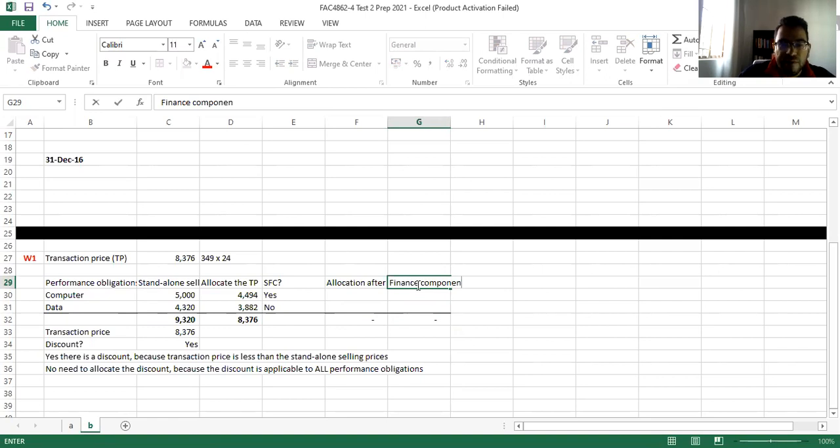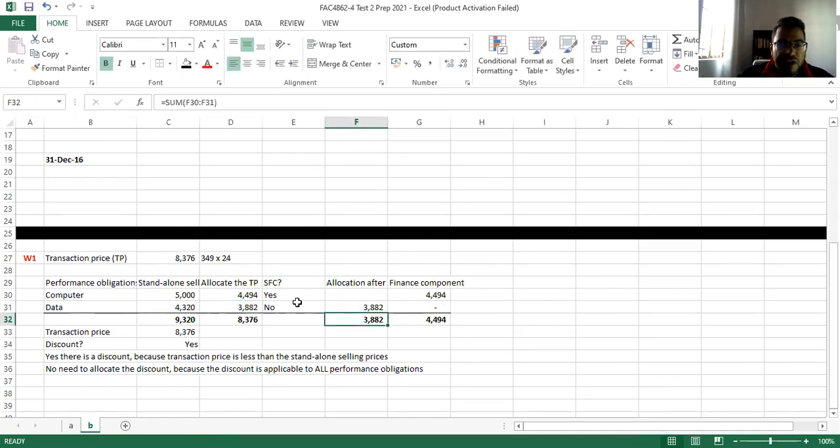The finance component is simply going to be what was allocated before financing versus what is allocated after financing. Because there's no significant financing component for the data, we will just provide it like that.